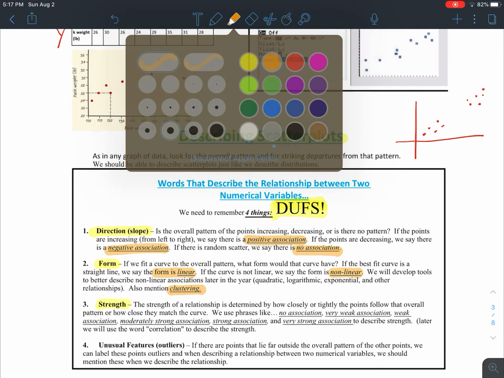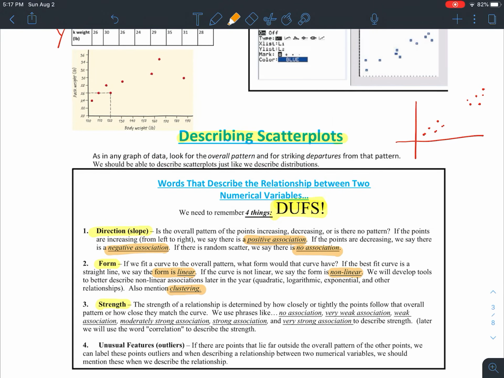So D, direction, F, form. S is strength. When we talk about the strength, now we're talking about how strong is that correlation or association, that relationship between the two variables. They could have no association, an extremely weak association, a weak association, moderately strong, strong, or very strong.